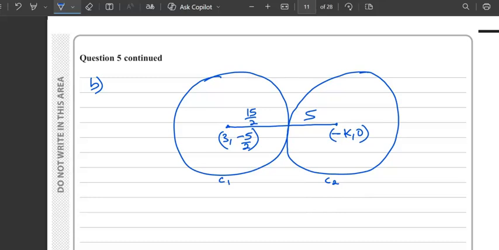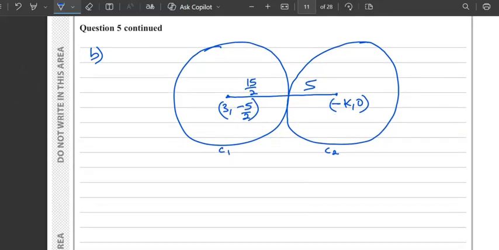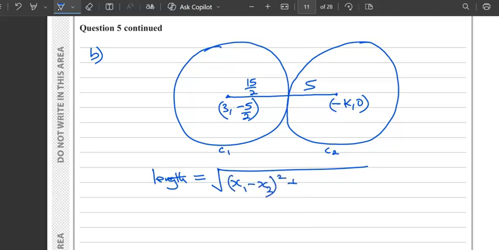We'll use the formula for getting the length or modulus. We always know that the length between two points is given as the square root of x1 minus x2 squared plus y1 minus y2 squared.